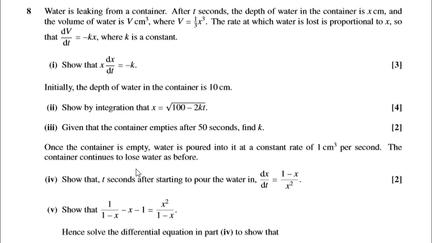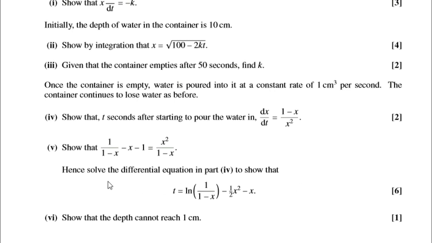The container continues to lose water, and show that t seconds after starting to fill the container, dx by dt is 1 minus x over x squared, and show that this equation equals that combination, and hence solve the differential equation in part 4, to show that t is ln of 1 over 1 minus x, minus a half x squared, minus x, and show that the depth cannot reach 1 centimeter.